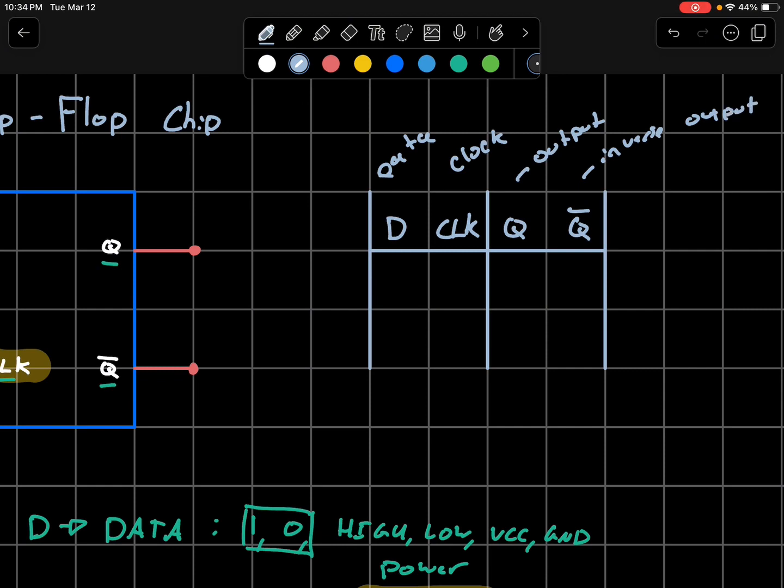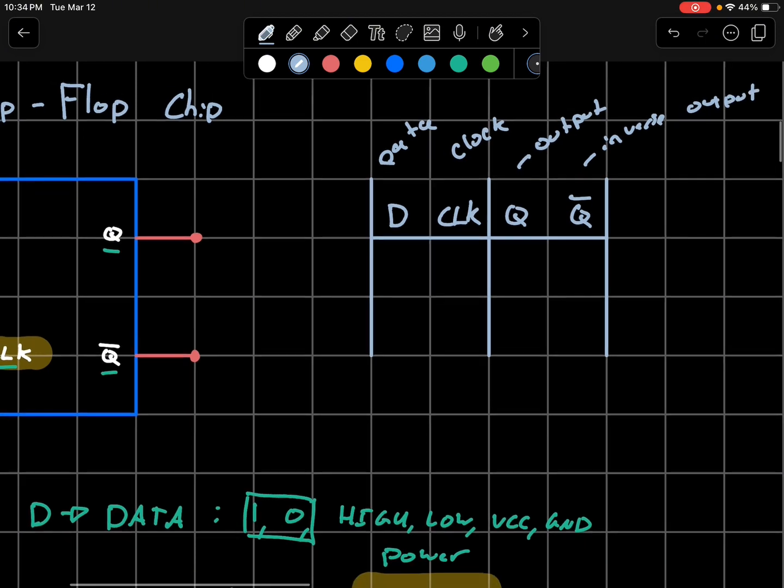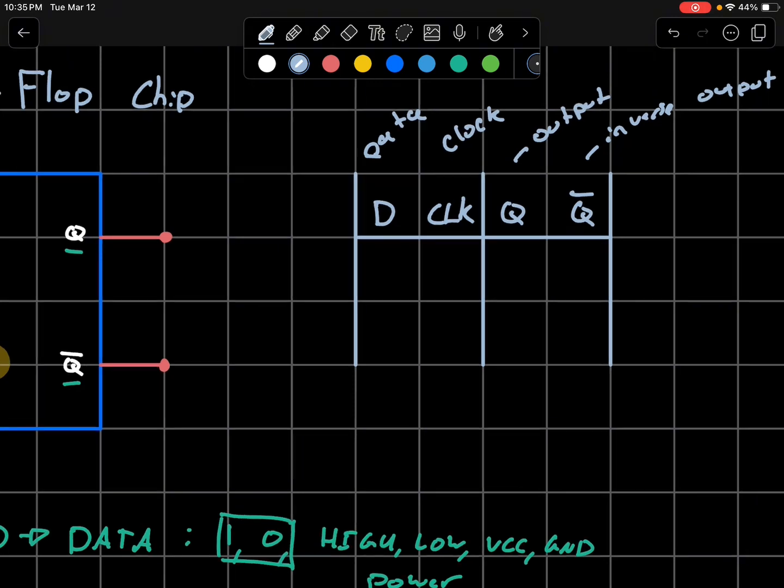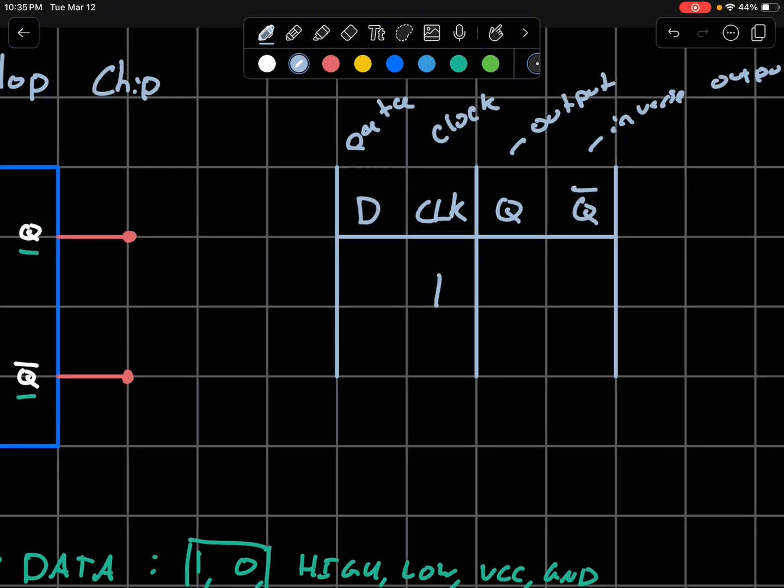So, when I mentioned you can have arbitrary memory, what I mean is you can manipulate the output of Q and not Q by setting the time at which Q will be shown. Q is based off data. So, for example, here I'm going to use this notation of a sign going upwards.